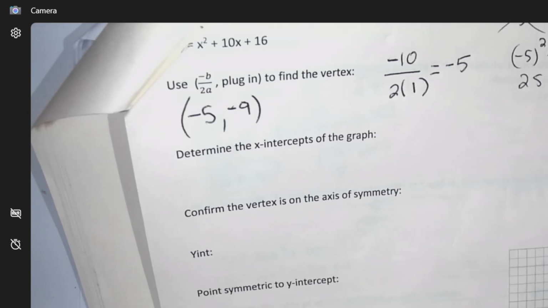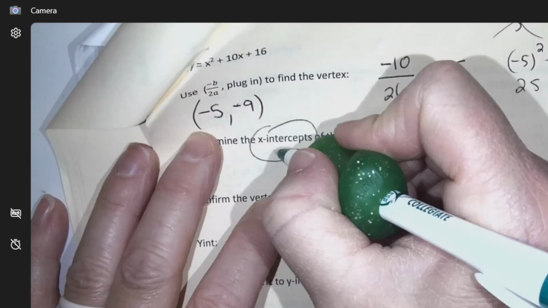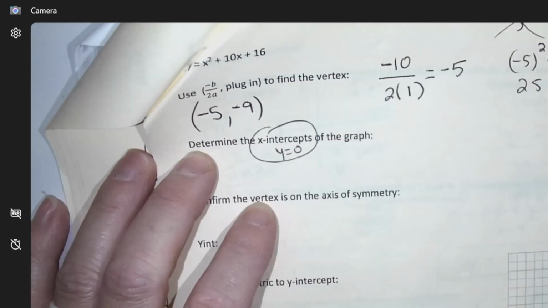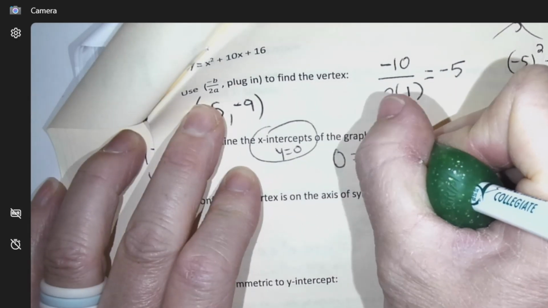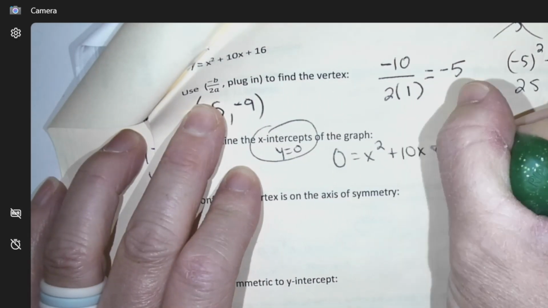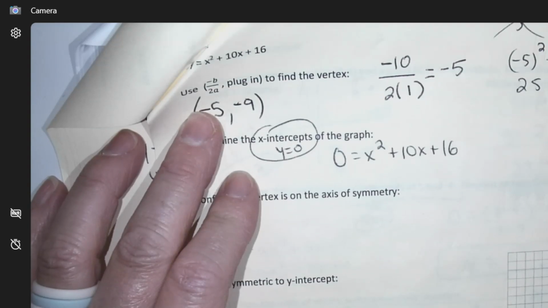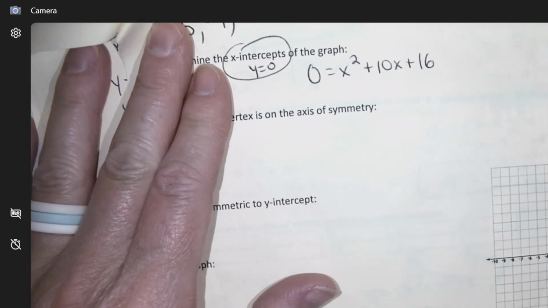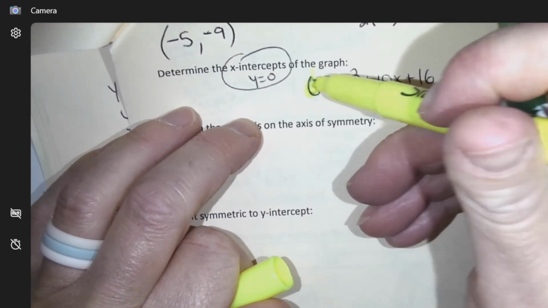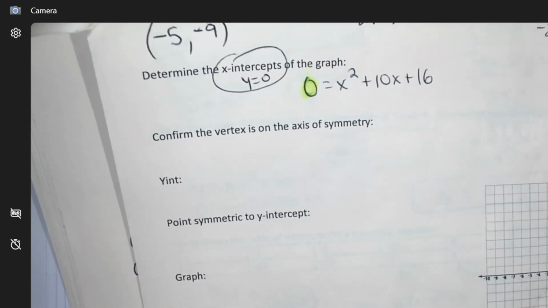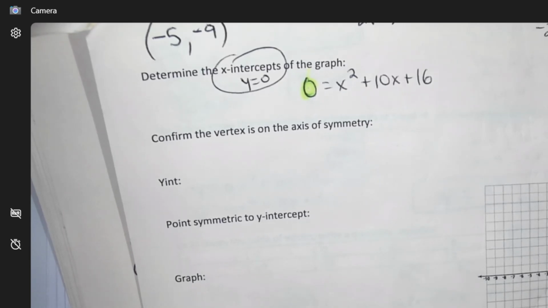Question 2, what are the x-intercepts? An x-intercept is where y is 0. We're switching that idea. So I replaced a 0 into the y spot. That's all I did. Now you have to figure out how to solve this. Do you remember? Opposite of FOIL.